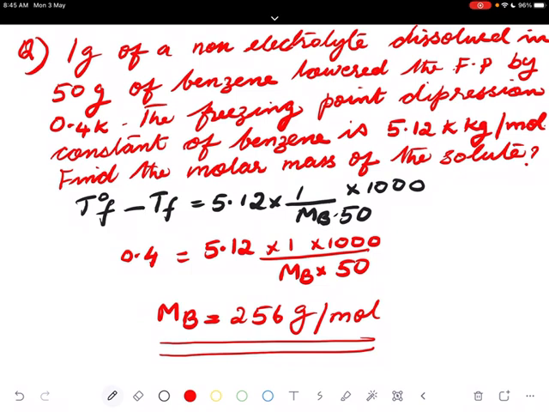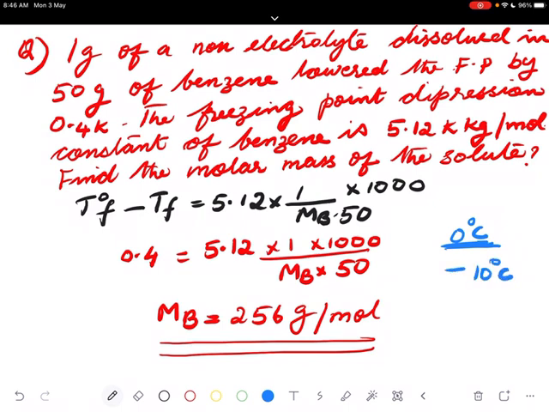Now you see in degrees Celsius, here it is given 0.4 Kelvin. The difference is directly given. You know that water freezes at 0 degrees Celsius. Suppose the solution is freezing at minus 10 degrees Celsius.